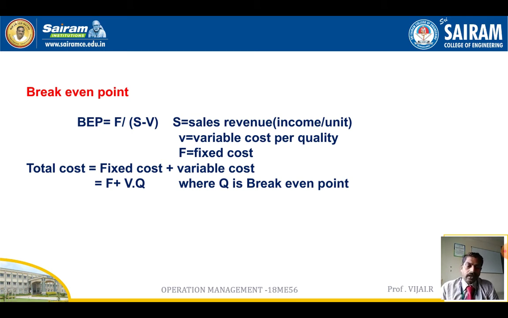Variable cost is the one which varies according to the production. So the total cost is equal to the fixed cost plus variable cost. Now, using this, the break-even point we are going to calculate is fixed cost divided by the difference between sales and variable cost.